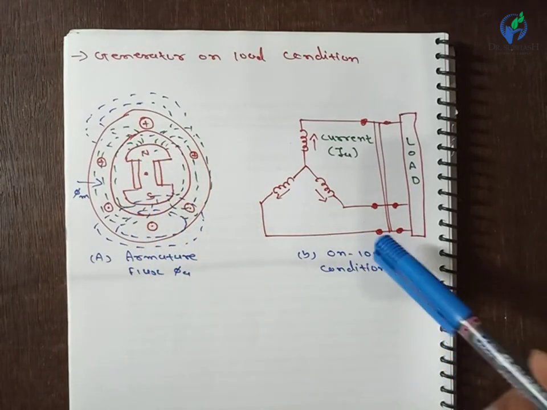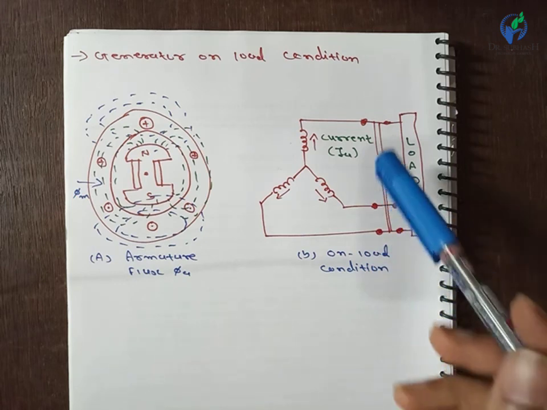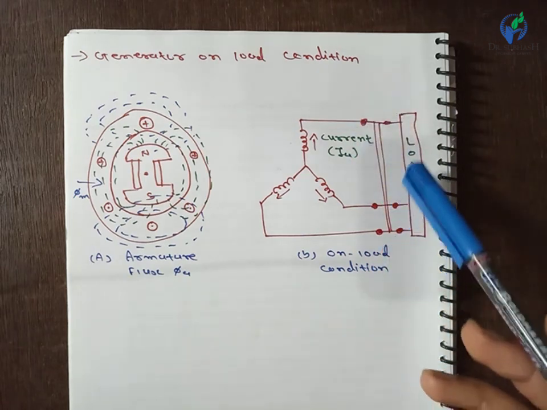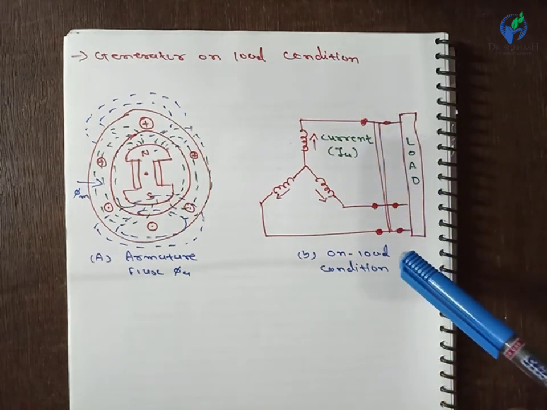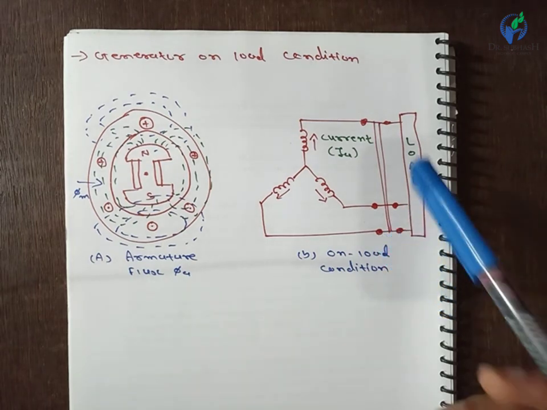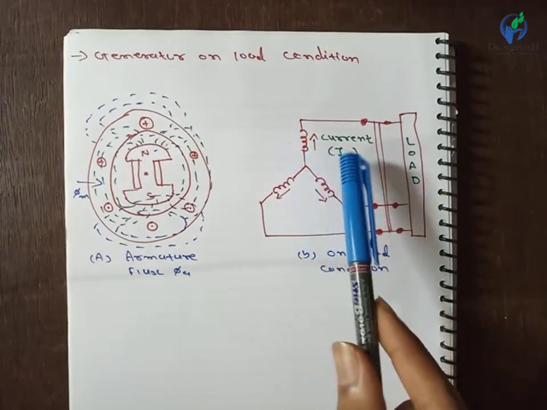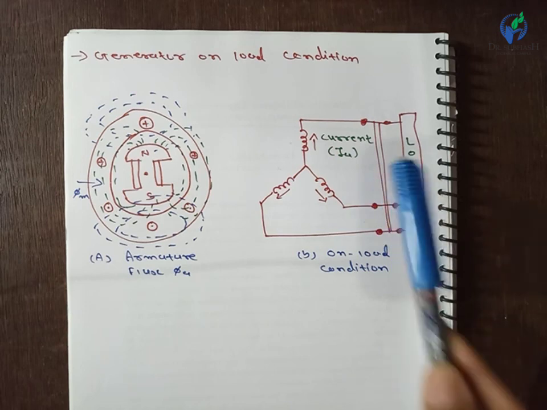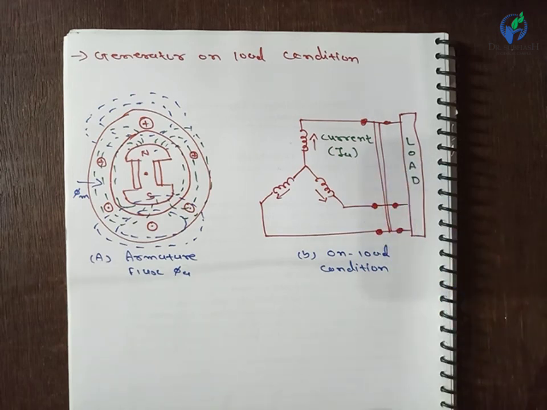This figure shows the on load condition when switch A, switch B or switch C is closed, so the winding is connected to the load part. In this connection, when the load is connected, the induced EMF E produces current to feed the load as the circuit is closed.